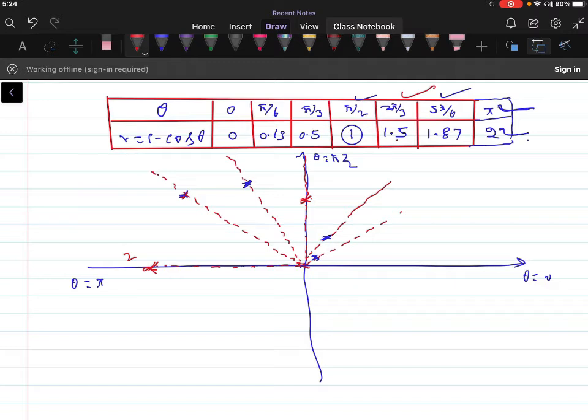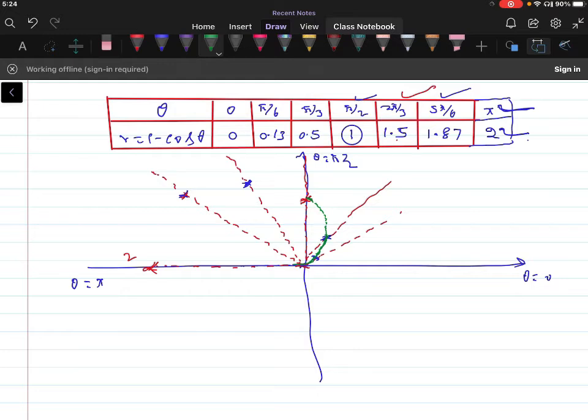Now let us draw the graph in the upper x-axis, the upper half plane. When theta is equal to 0, you can plot the curve. When theta is equal to pi by 6, r is 0.13; when theta is equal to pi by 3, r is 0.5; when theta is equal to pi by 2, r will be 1.